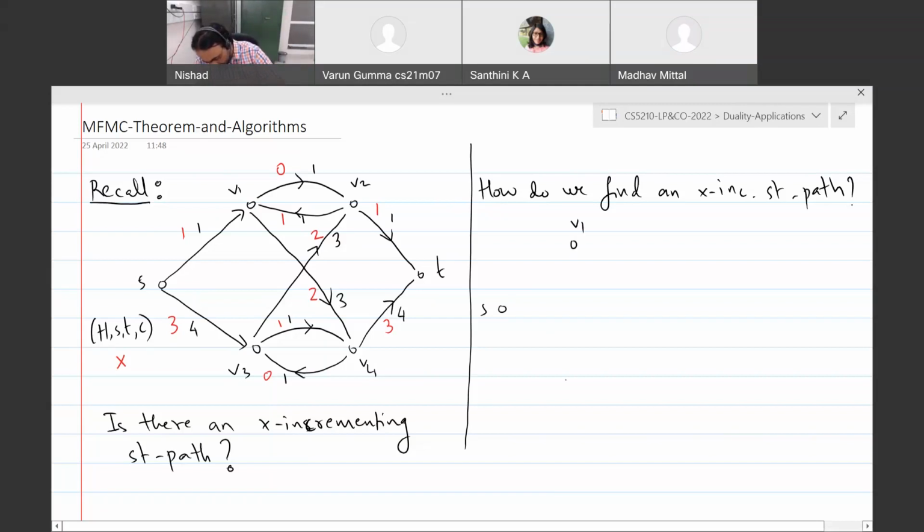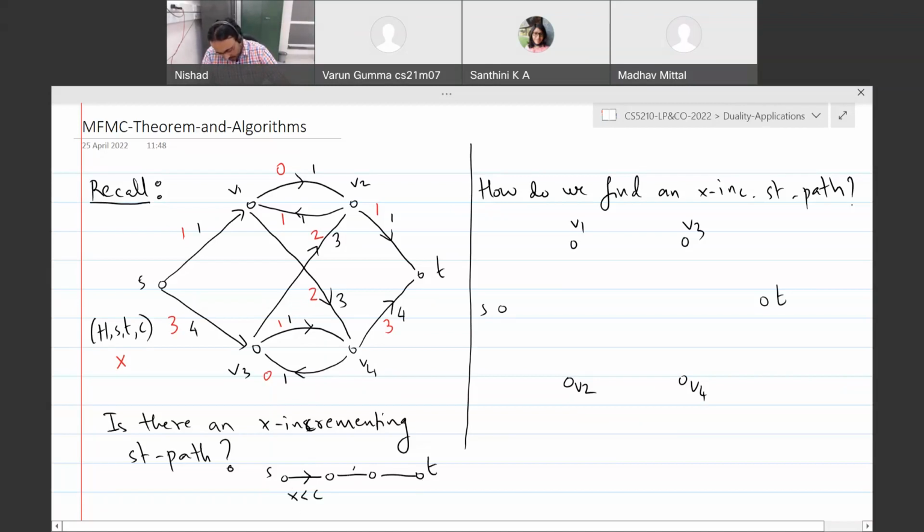So we are going to take the same set of vertices. Remember, an X incrementing ST path basically looks like this. Whenever you see a forward arc, the X value should be less than the capacity of that arc.